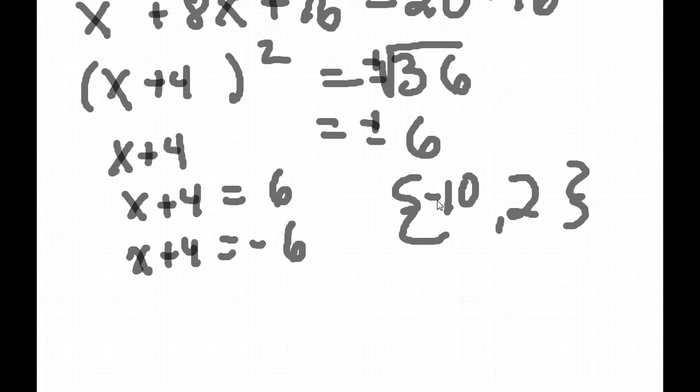You factor it out and you get your x plus whatever squared equals the operation you do on the right, plus or minus what you moved over. And then you square root each side. And from there, you set x equal to plus the answer and x equal to negative the answer.